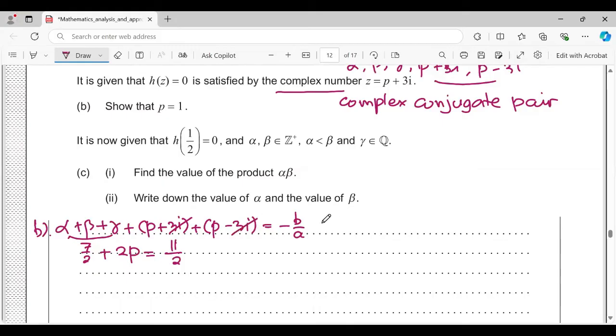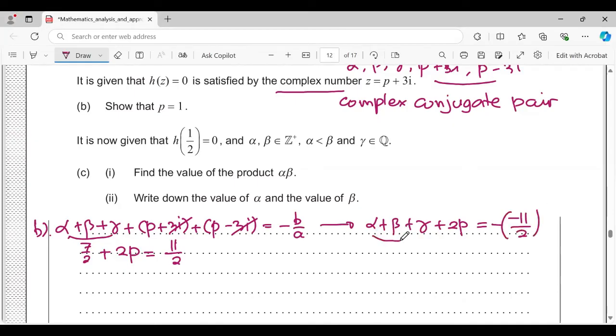If you expand this, it is alpha plus beta plus gamma plus 2p equals 11 over 2.